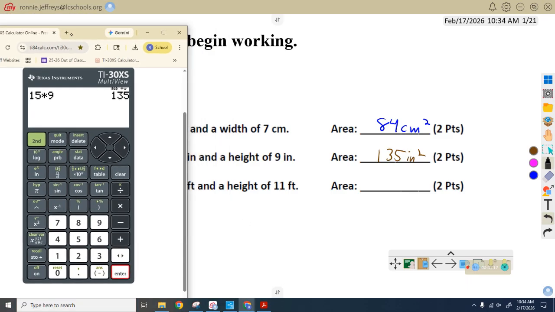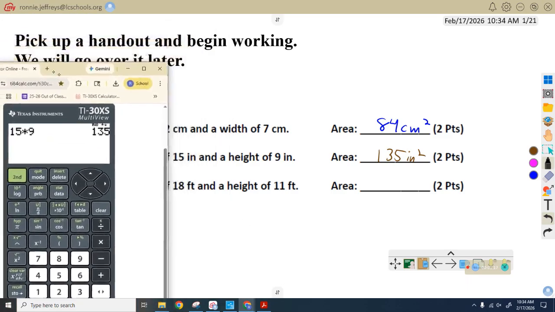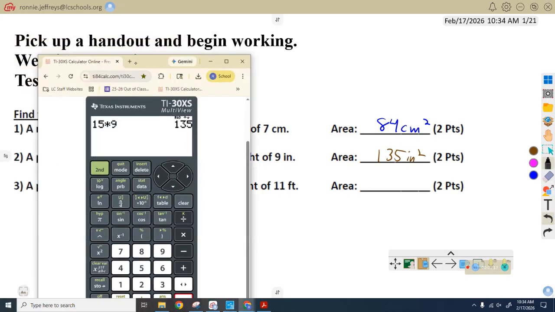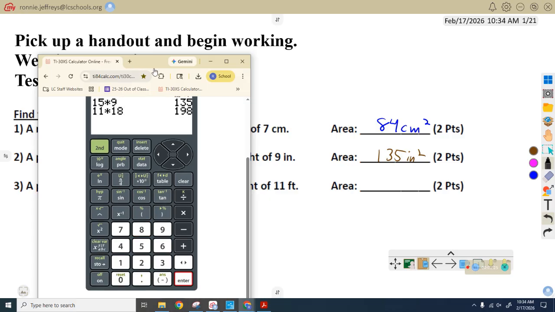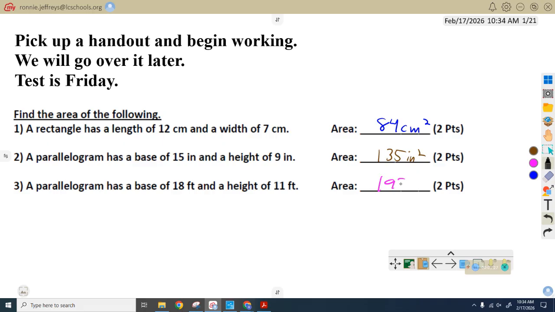This is 18 and 11. Ooh. Okay, we could still hear it. Now it's even louder. Whose music is that? Why? Why, people? Why?